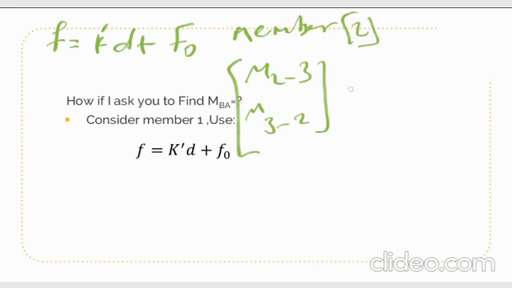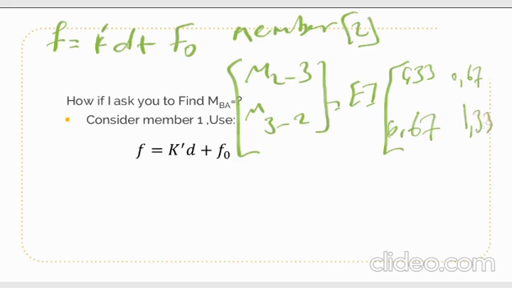This is the small f equal, take out EI, and the K matrix here is 1.33 and 0.67, 0.67 and 1.33.